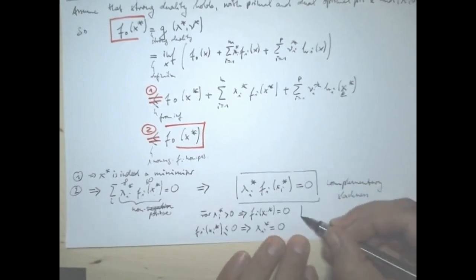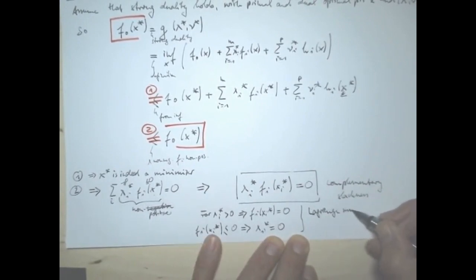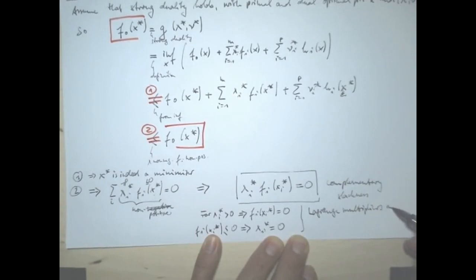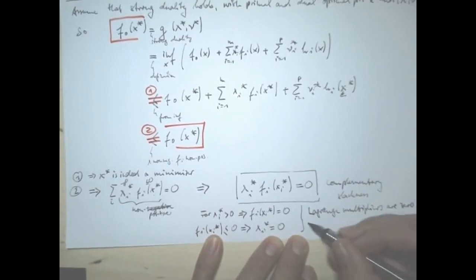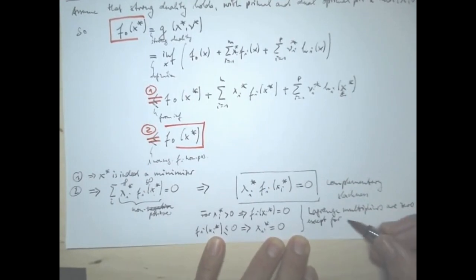So Lagrange multipliers are all 0 except for those constraints that are active at the optimum.